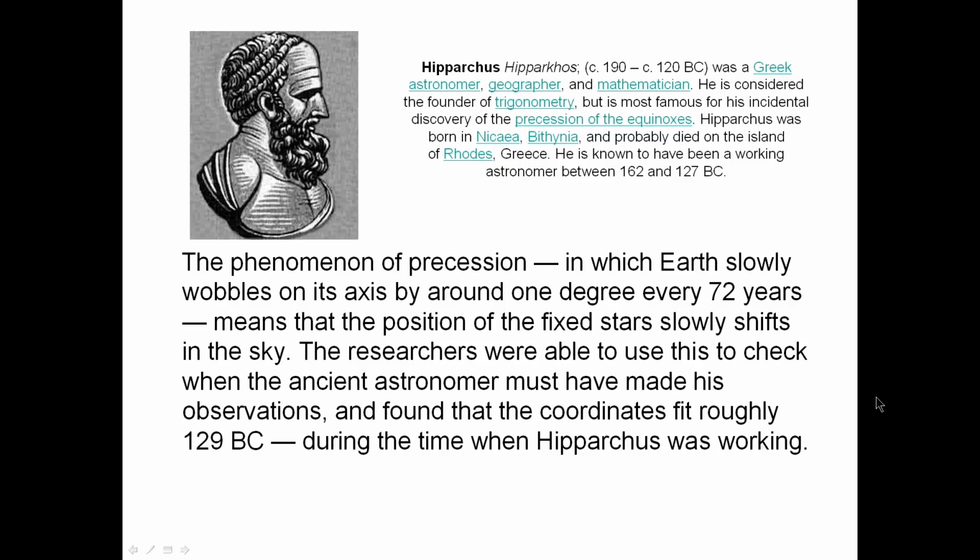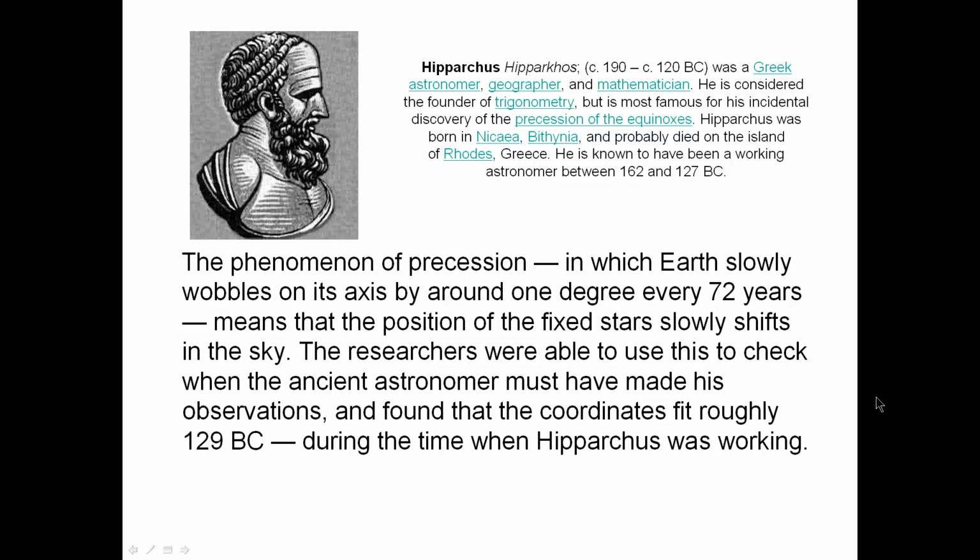And the position of the stars, which are fixed relative to one another, slowly shift through the sky. So they're able to track this movement of the stars and make a determination of the years when this ancient astronomer made these observations.